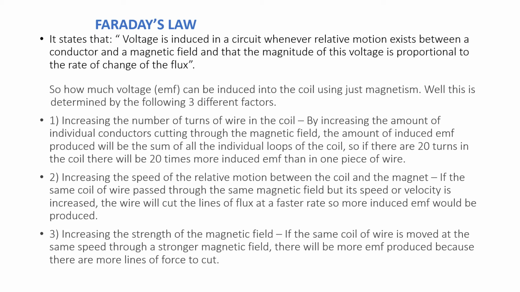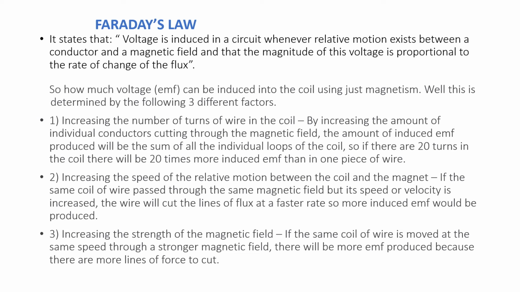So how much voltage can be induced into the coil using magnetism? It can be determined by the following three factors. First is increasing the number of turns of wire in the coil, second is increasing the speed of the relative motion between the coil and the magnet, and third is increasing the strength of the magnetic field.